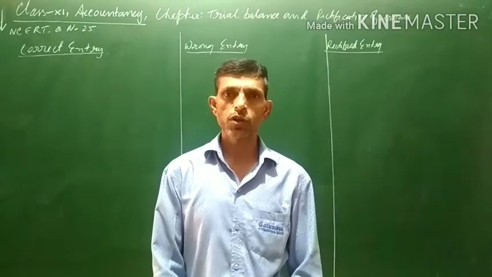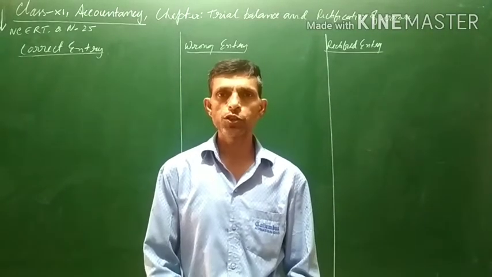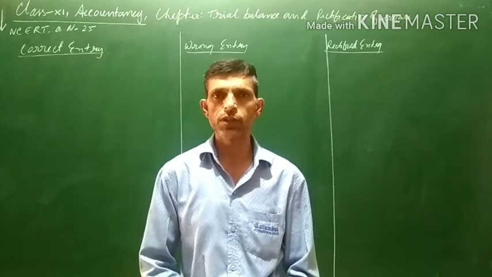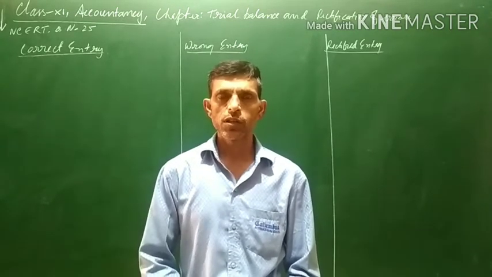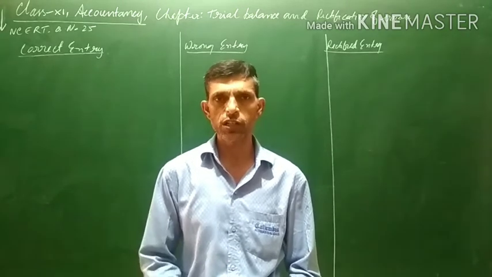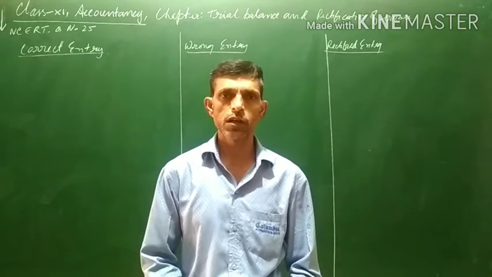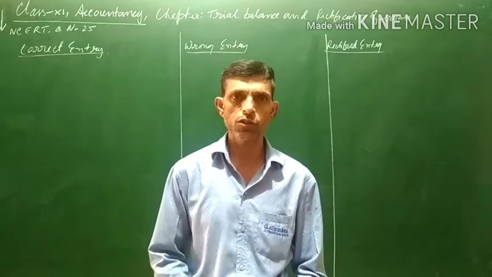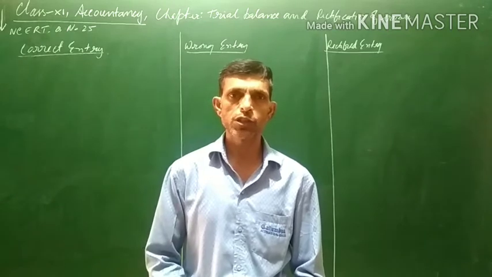In this video, we will solve question number 25, and it is to be noted that this question is very important, because all types of things are included. Whatever we have learned in the rectification of errors, almost all types of rectification and all types of errors are included.